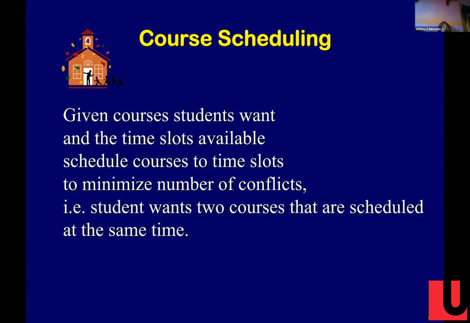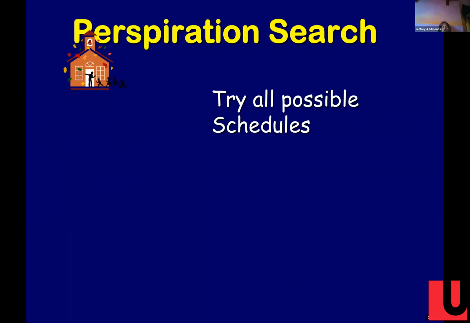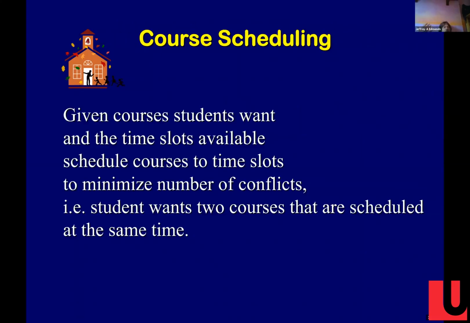Everybody understand the problem? We'll go into it again. This was just a quick definition, but the point is to allocate every course to a time slot to not have conflicts. And what is a conflict? The same student wants two courses that are scheduled at the same time.